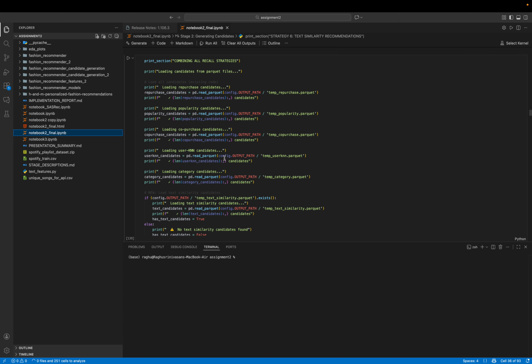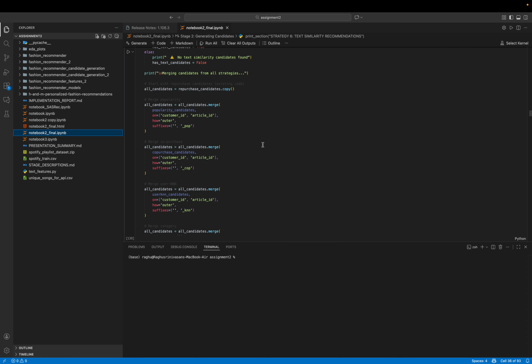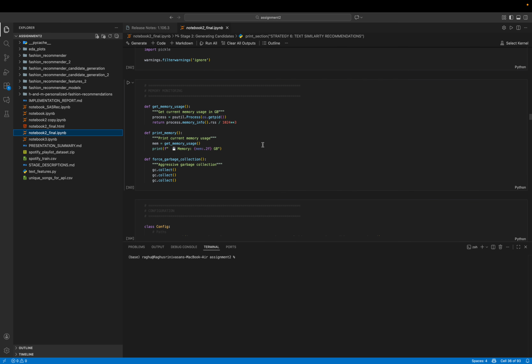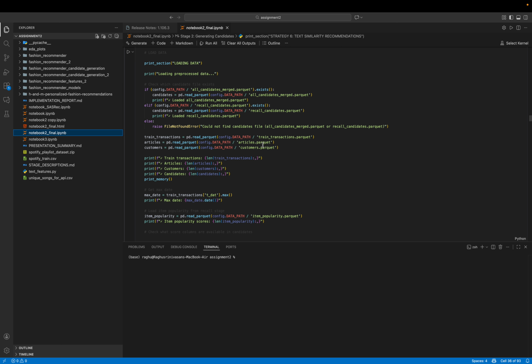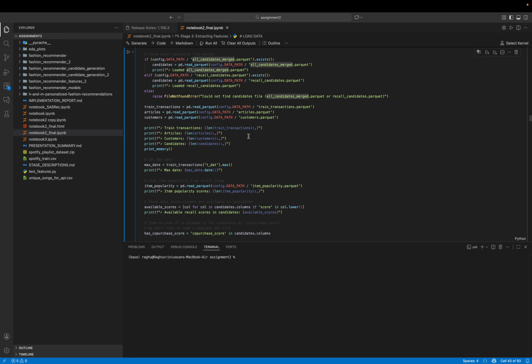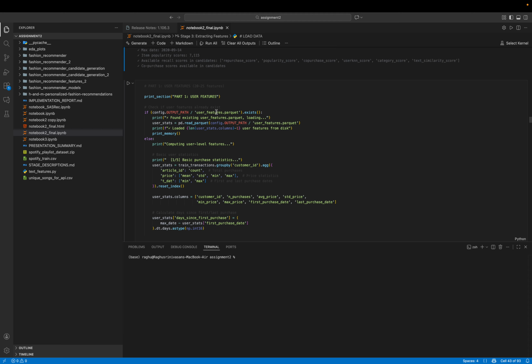So this is where we save all the recall strategies and save the candidate pool that we could get for every user. This part starts with the feature extraction. We load the processed data which contains all the candidates, and then move to getting the user features.